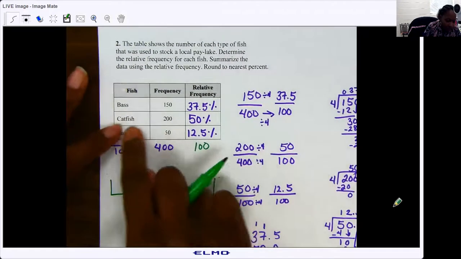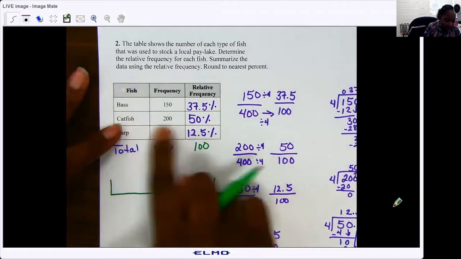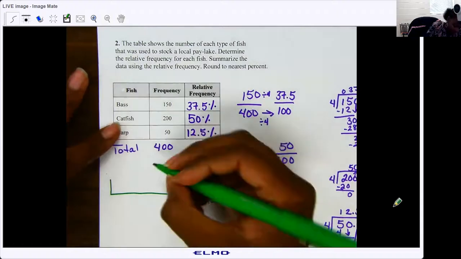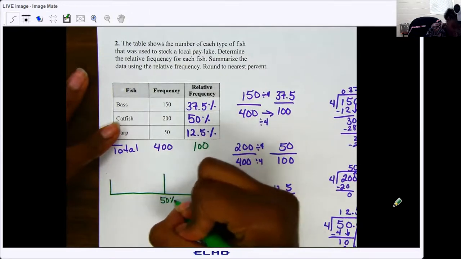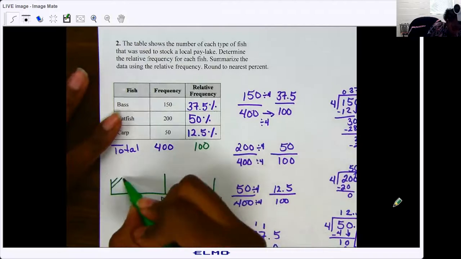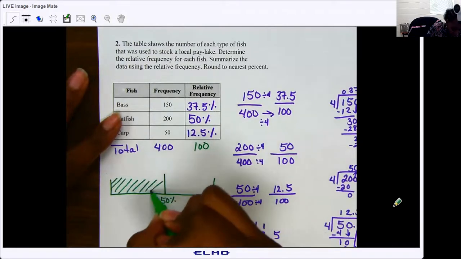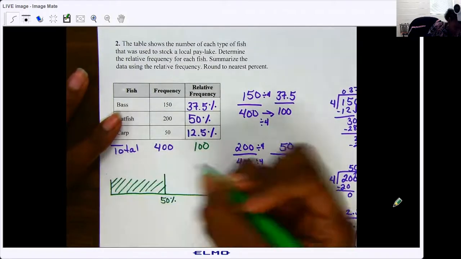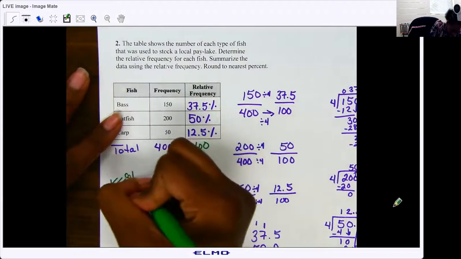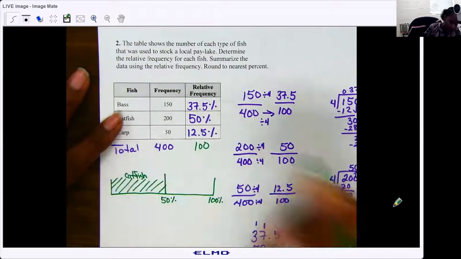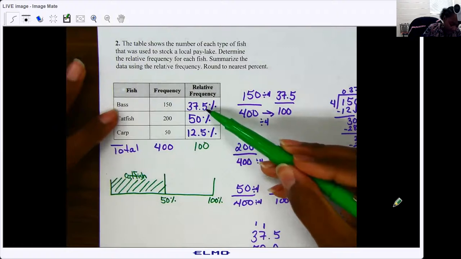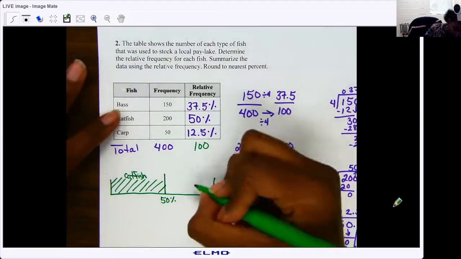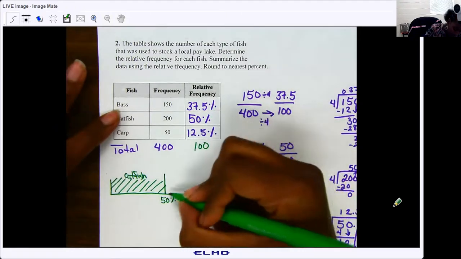So let's do the one that's self-explanatory. Catfish is 50%. So we're going to say 50% is right here. And I'm going to go like this. Okay, that's my catfish. Okay, the next one is bass because it has 37.5%. So I'm going to say, let's see, 30, 50.